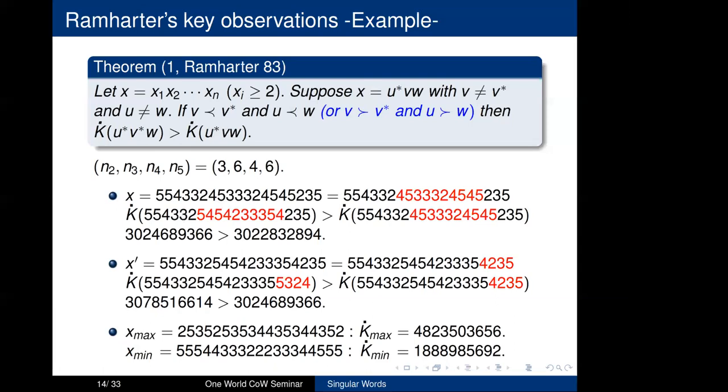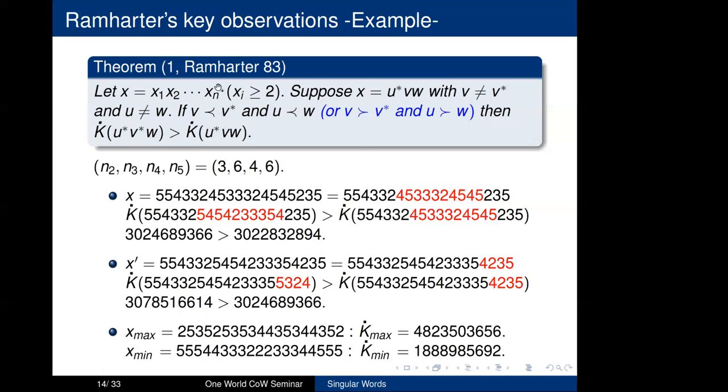If you do that, you can endow the abelian class of this word with the structure of a directed graph. And the fact that every time you have a directed edge from X to X prime, you know that K dot of X prime will be strictly bigger than K dot of X, tells you that in this directed graph, you cannot have cycles, okay?